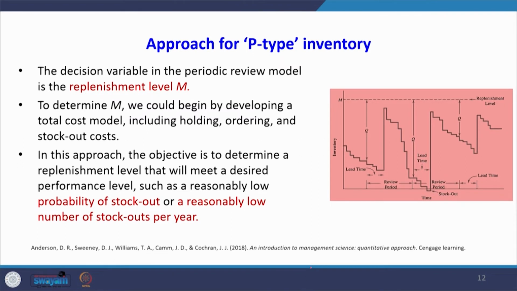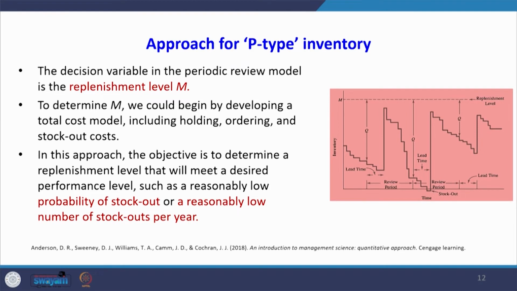So, here the decision variable in the periodic review model is the replenishment level m. To determine m, we could begin by developing a total cost model including holding cost, ordering cost and stock out cost. Instead of doing that, we are going to follow another approach.